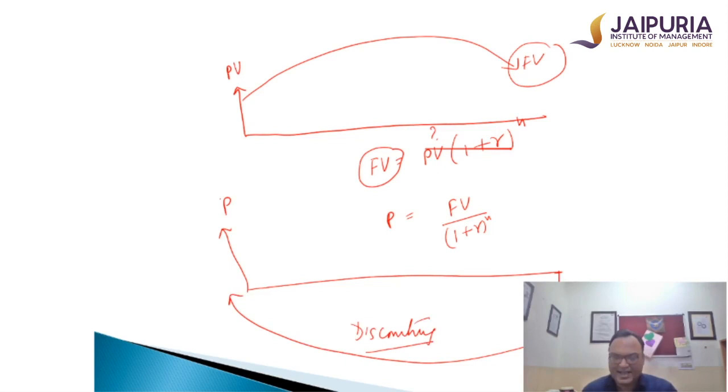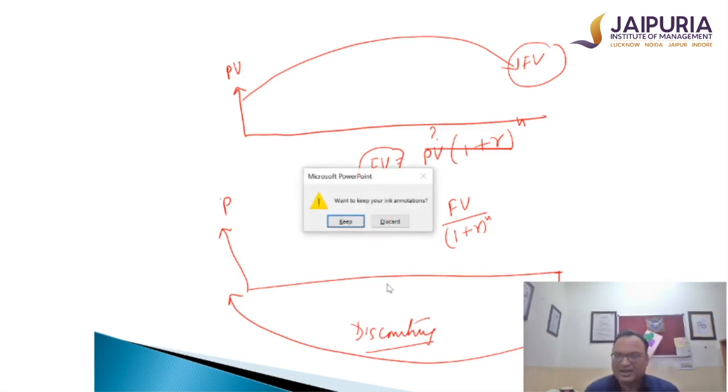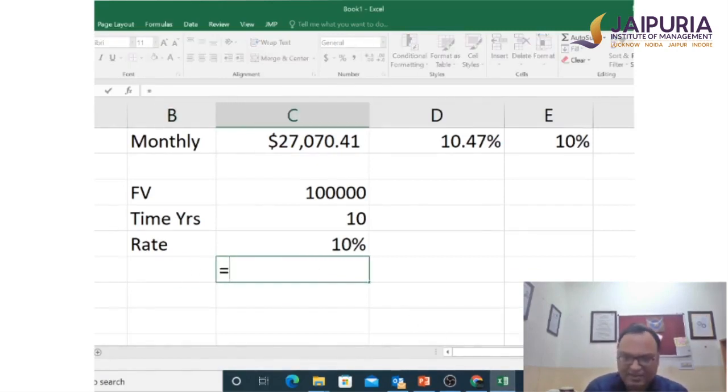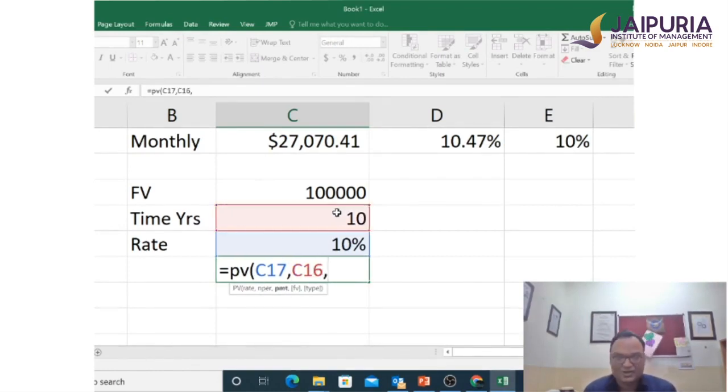Let me show this in Excel, how we apply it. We have a ready-made command called the PV function. Rate is given as 10%, time is given as 10 years. Again, sign is important. If I want the present value in positive, I have to take the future value in negative. Ignore PMT for now, we'll discuss that in a subsequent class. Future value is known to me, 100,000.